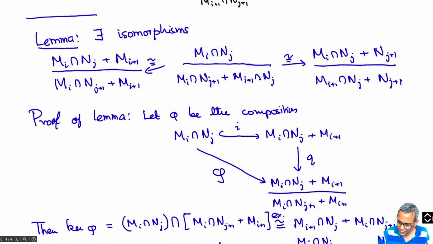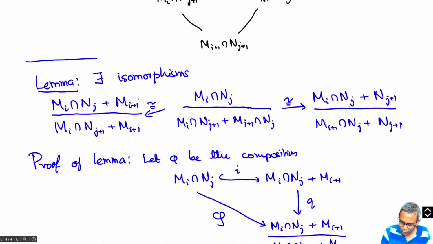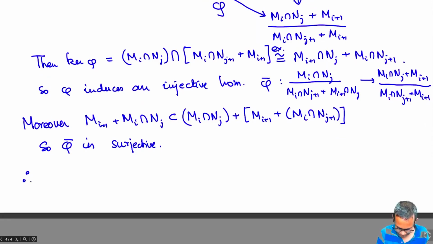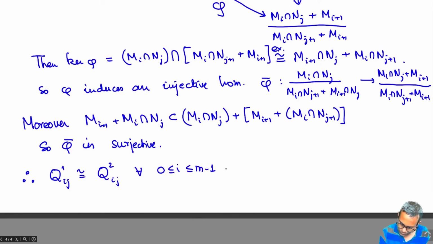So what we have shown is that these two modules on the left are isomorphic, and as I said before, by interchanging the role of m with the role of n and the role of i with the role of j, you can prove that these two modules on the right here are also isomorphic. And so we have Q1 ij is isomorphic to Q2 ij for all i less than or equal to m minus 1.